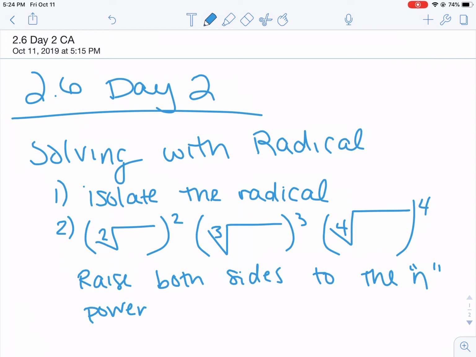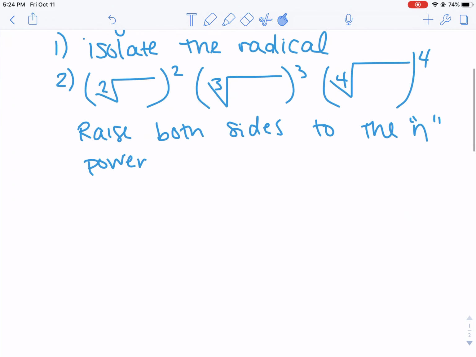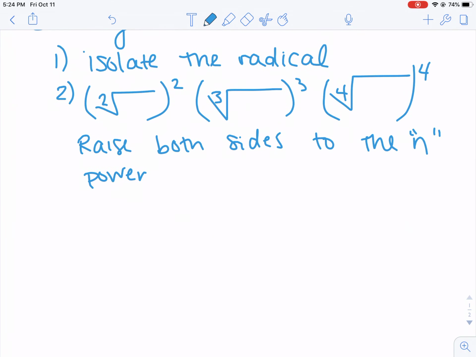And a lot of the ones we're doing are just going to be square roots, nothing major, okay? So all of them should be just regular square roots, nothing out of control. Okay, so then once you do that, you're going to solve the remaining equation.